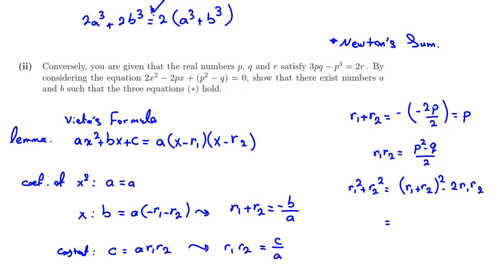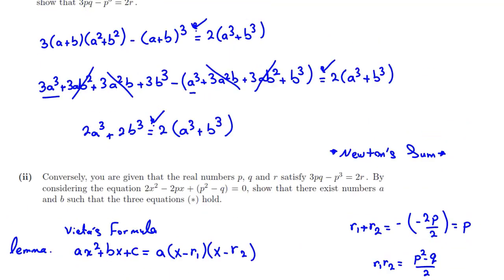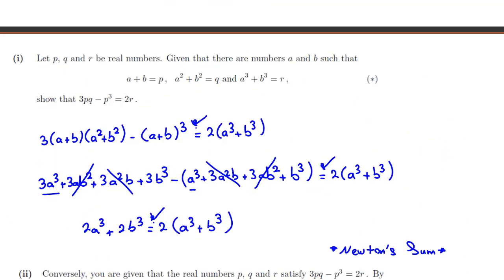If you want to know exactly what Newton's sum is, I explained this in my previous video, but if you had a question, feel free to send a message to my WhatsApp number in the description comments. Okay, (r1 plus r2) squared is p squared, minus 2 times this, which will be minus p squared plus q. It will be q. As you can see, r1 squared plus r2 squared is q. Now we should calculate r1 cubed plus r2 cubed.